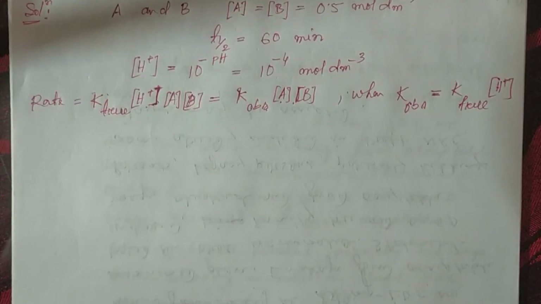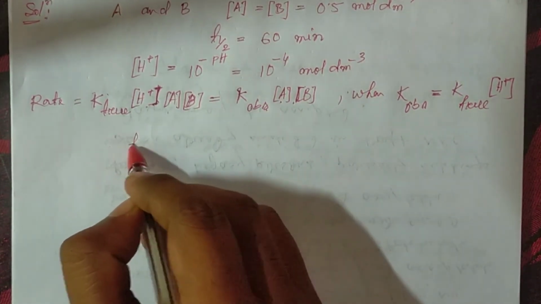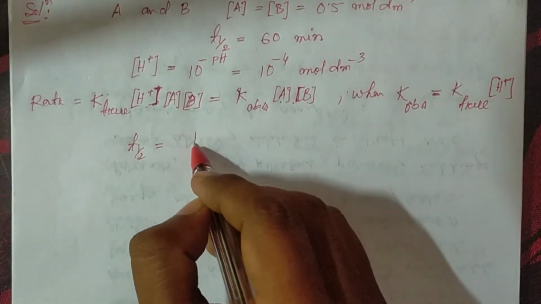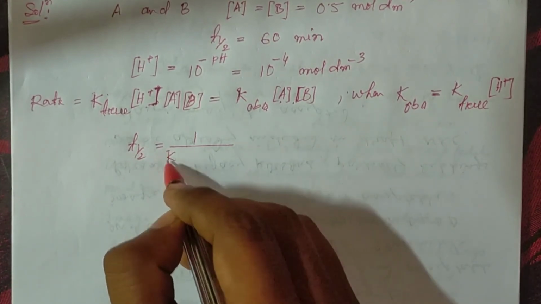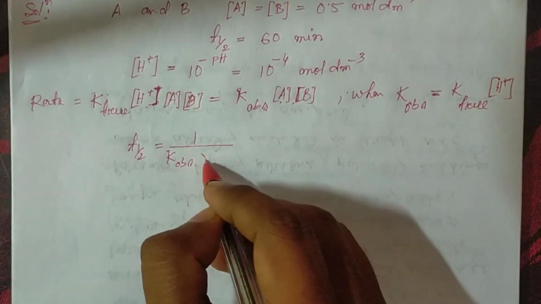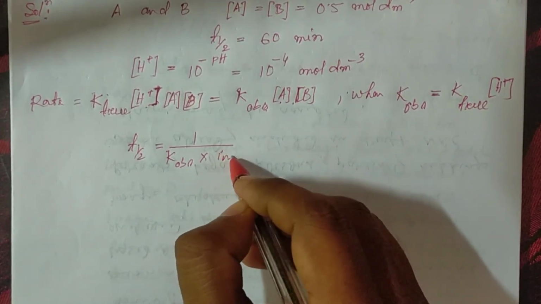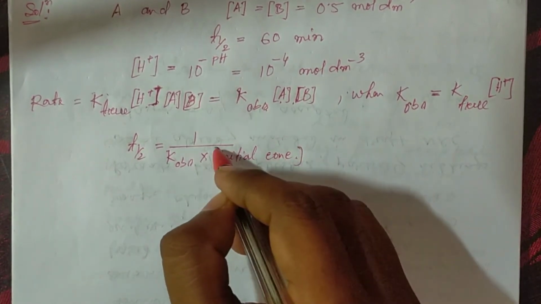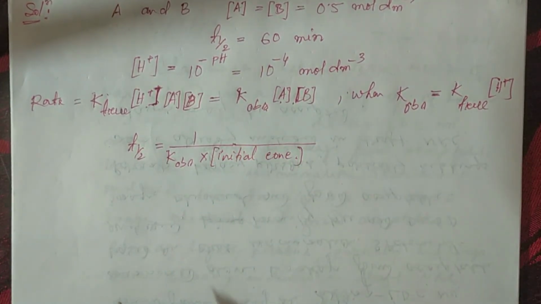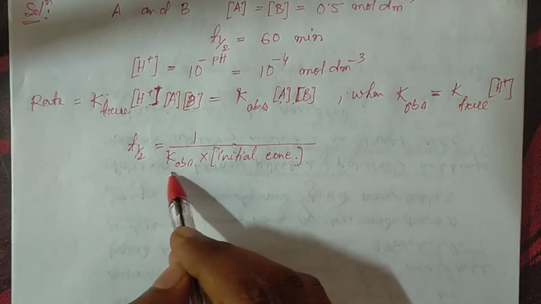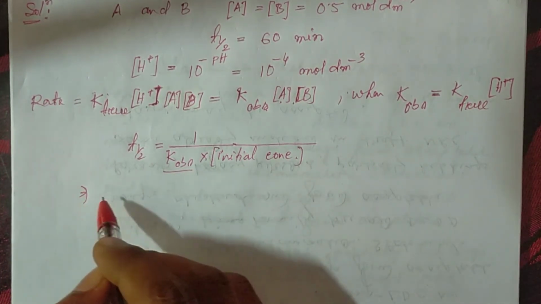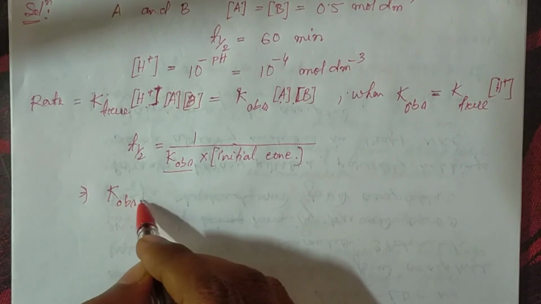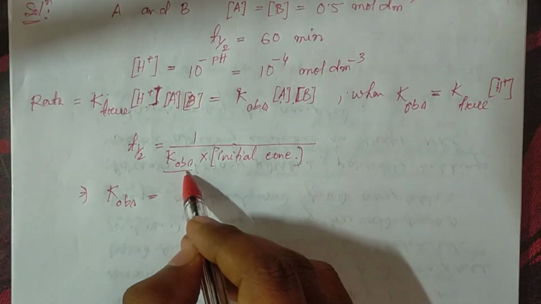Okay, now for second order reaction, the half-life time equation is what? T half is equal to 1 by K observed into initial concentration. So we will find out this K observed. K observed is equal to 1 by T half into initial concentration.